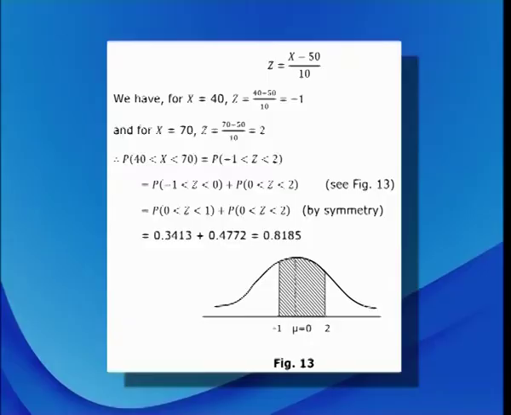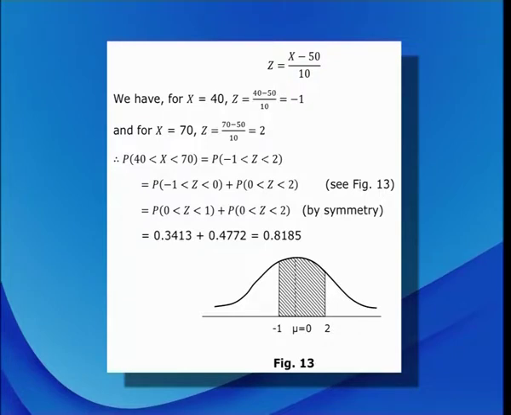Now converting x into standard normal variate z by means of the transformation z equals (x minus 50) upon 10, we have for x equals 40, z equals (40 minus 50) upon 10, which is equal to minus 1. And for x equals 70, z equals (70 minus 50) upon 10, which is equal to 2.